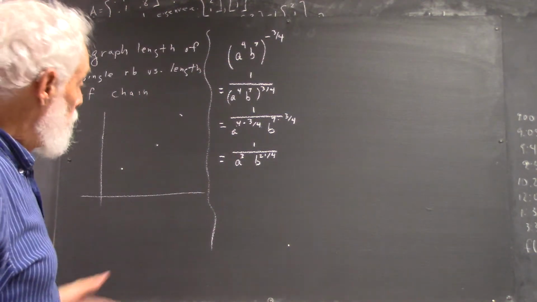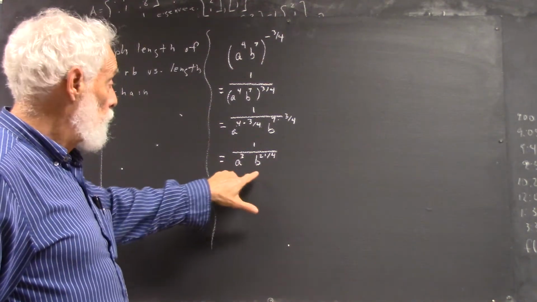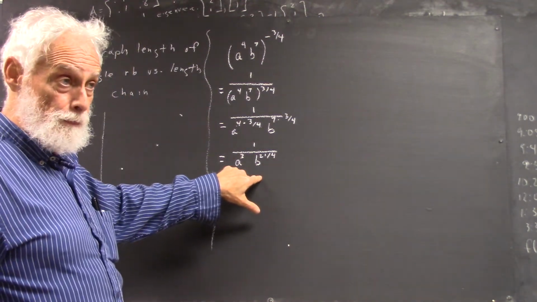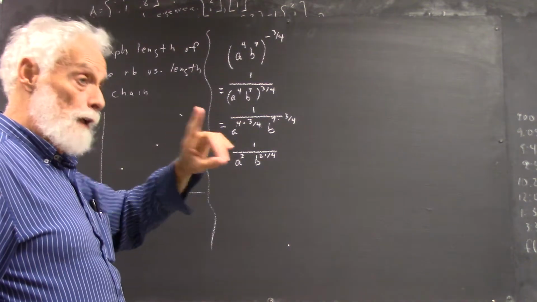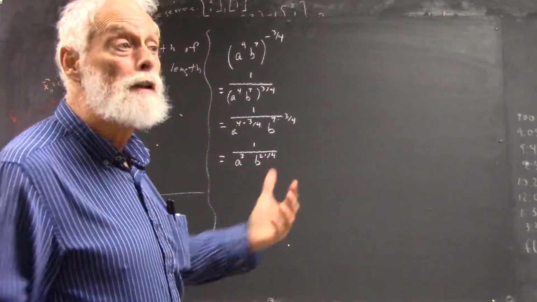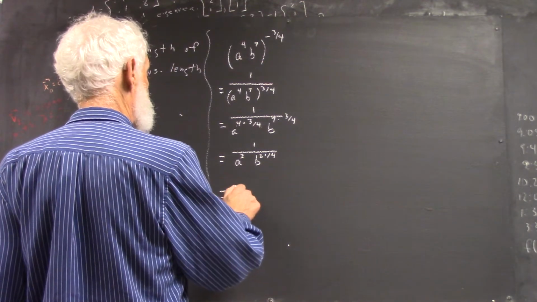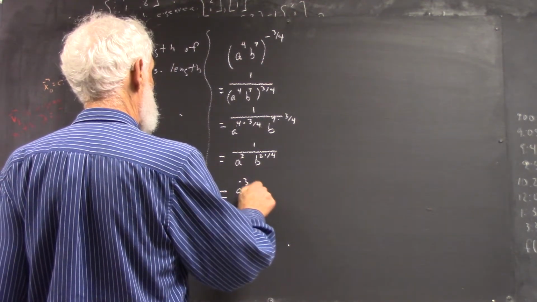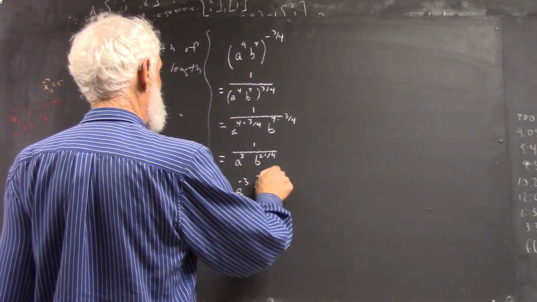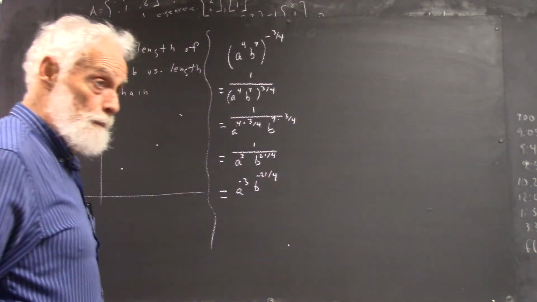Okay? And this is one standard form where you don't have any negative exponents. Another standard form is where you don't have any denominators. So I could also write this as a to the negative 3, b to the negative 21/4. Okay?